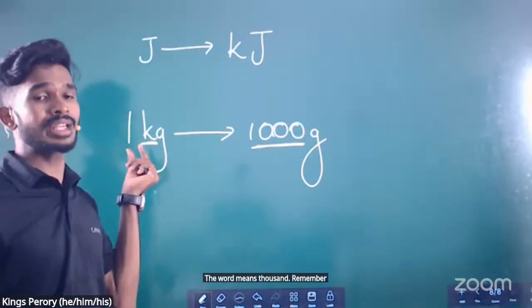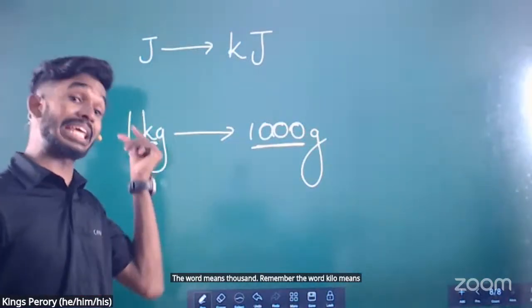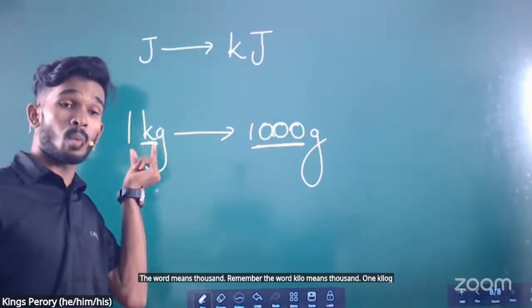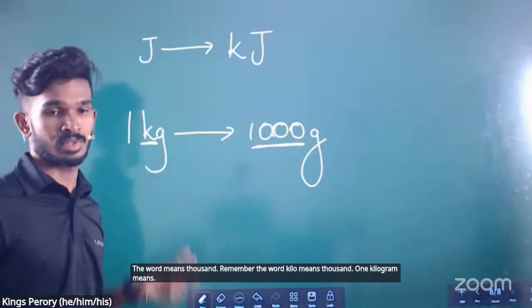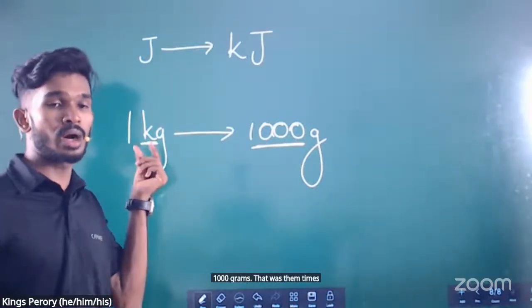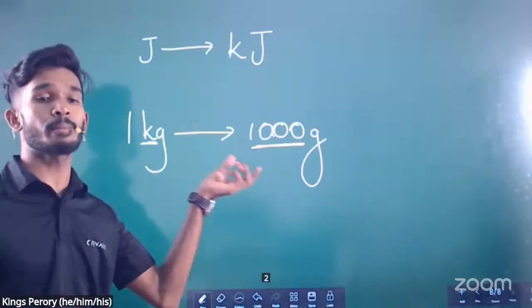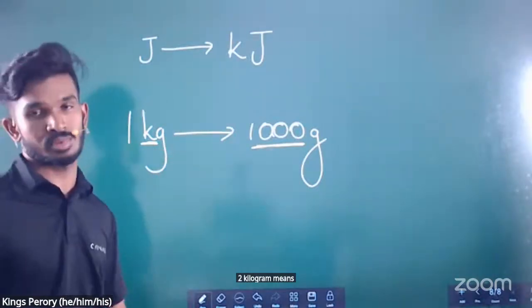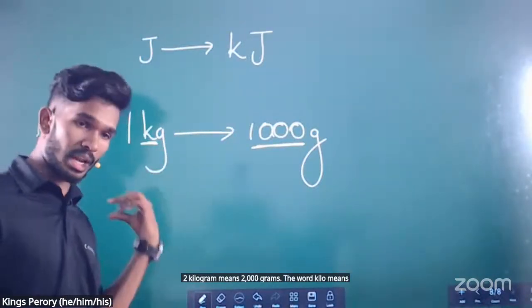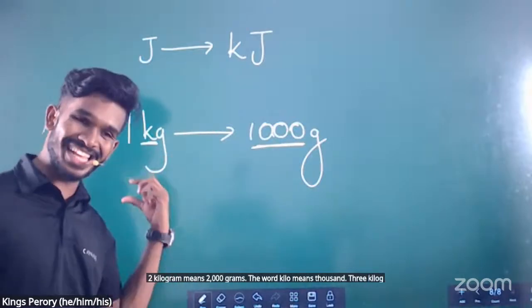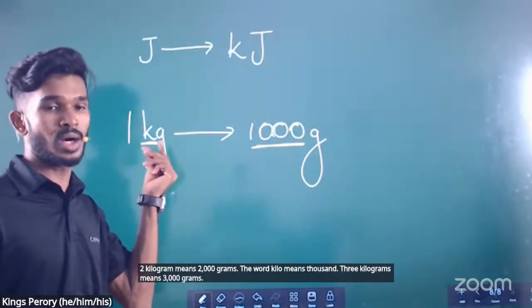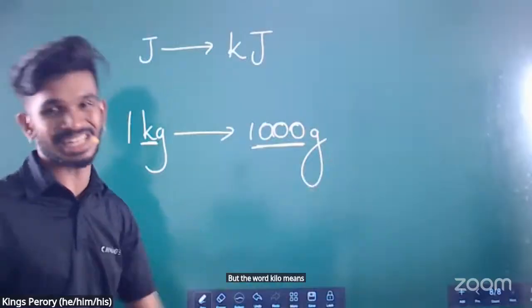Remember the word kilo means 1000. 1 kilogram means 1000 grams. 2 kilogram means 2000 grams. 3 kilogram means 3000 grams. So the word kilo means 1000.